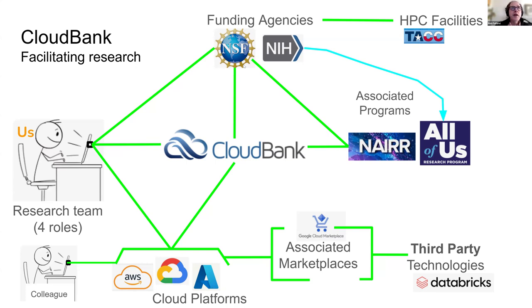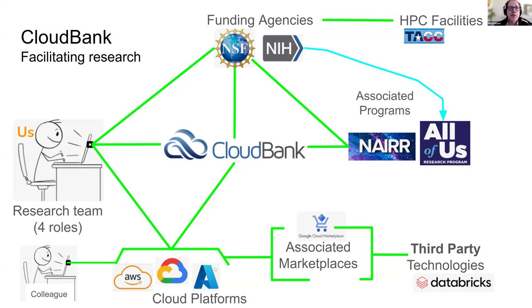And then up at the very top, we have the National Science Foundation and other federal agencies like NIH and so forth. And then down at the mid right part of the diagram, we have programs that people can join into and participate in, such as NAIRR and so on. So the layout of the diagram indicates that CloudBank is coordinating cloud access for the research team, and coordinating that with organizations like NSF.